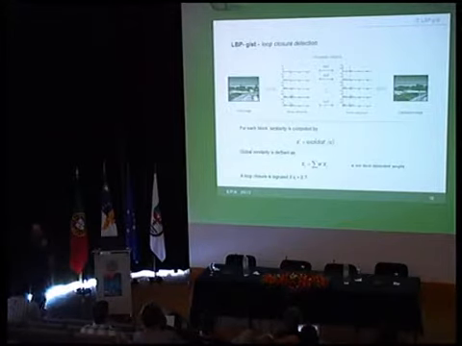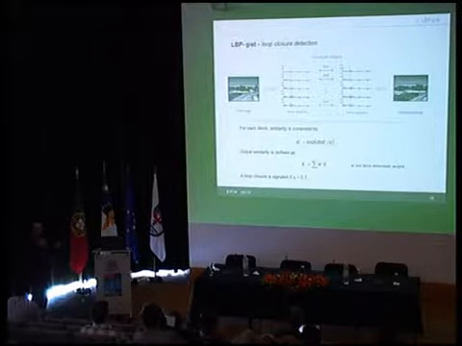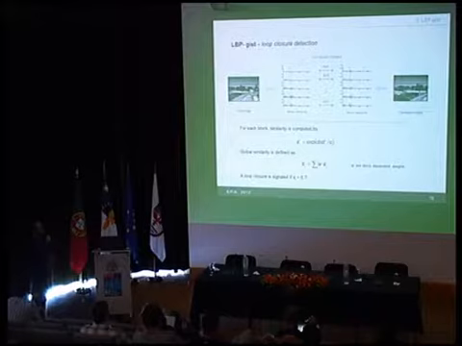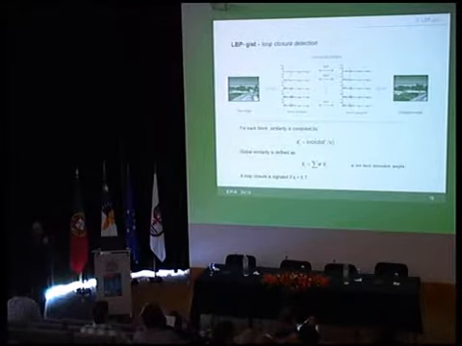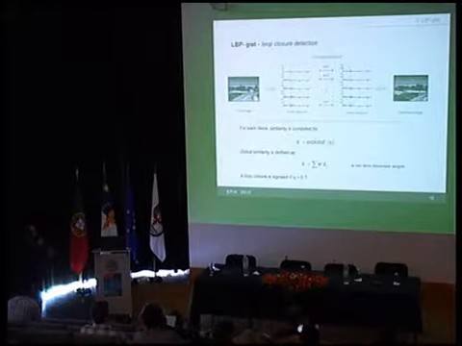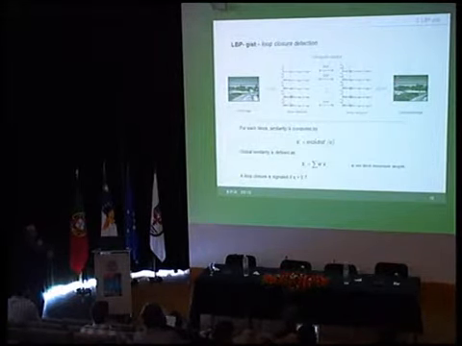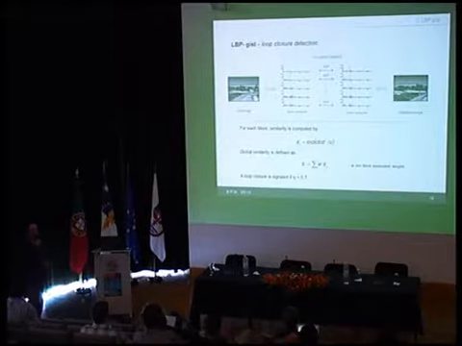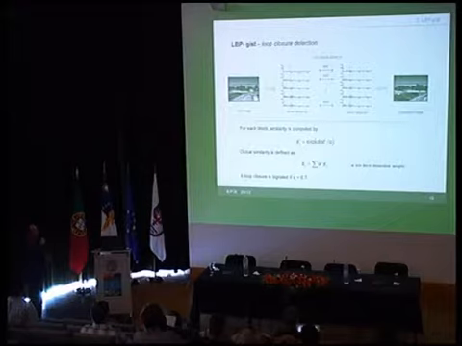In order to conclude about loop closure, we must have a way of comparing LBP GIST descriptors. Let's see how we define a similarity measure between them. Imagine that we have a test image and an image from a database of past places that the robot has visited, and we want to compare them.